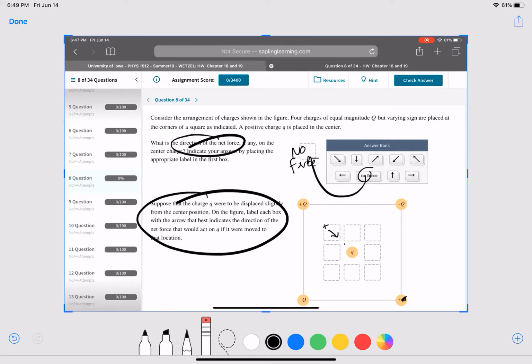Now the question is, how about in this spot? Let's move our plus charge to there. Now we're going to get pushed that way, away from this charge. We're going to be pushed that way, away from this charge, right? And then we're going to be pulled this way towards that one, and pulled this way towards that one. So if you balance all these things out, and you draw your vectors a little bit better than me, you're going to see that your net force is pulled over that way.